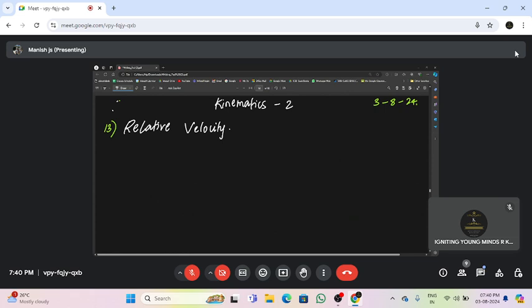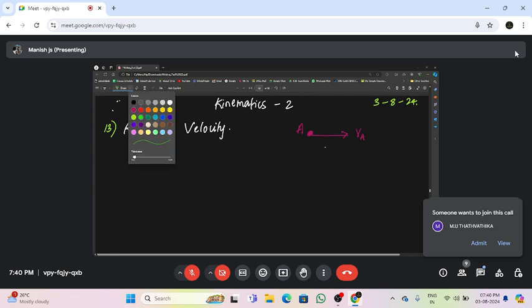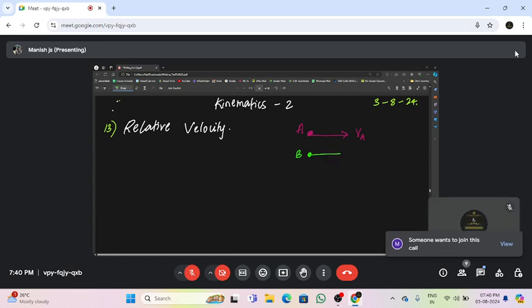For example, if we have two objects that are moving, say object A and object B. Let us try to illustrate this scenario. I'm having object A, represented using a dot, which is moving with a velocity of, say, VA. VA is the velocity of object A, and you can see that it is moving towards the right. Similarly, we have another object at point B, which is also moving with a certain velocity along the same direction.